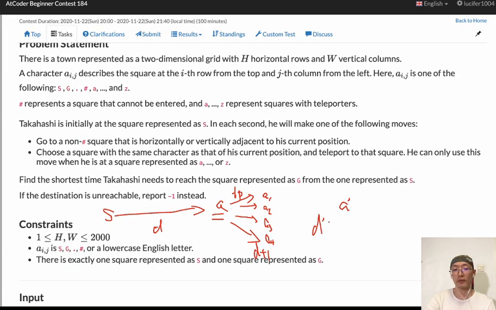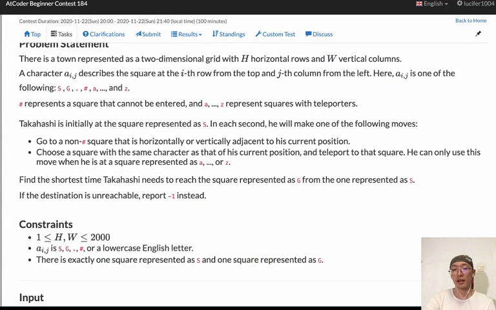Obviously, D prime is larger than D, so the new value will be at least D prime plus 1, which will be less optimal than D plus 1. So we will not use teleport A again. This is the same case for other teleports. Teleport B, teleport C, teleport D, they are all the same. We will use them at most once.